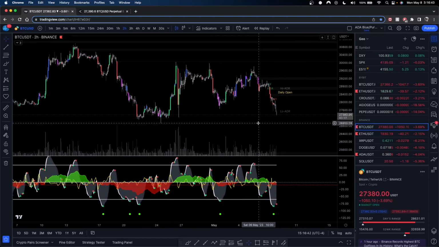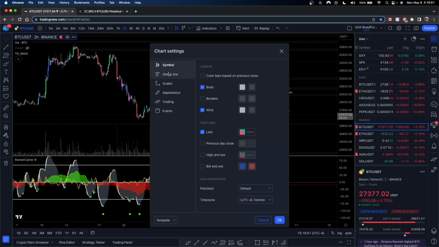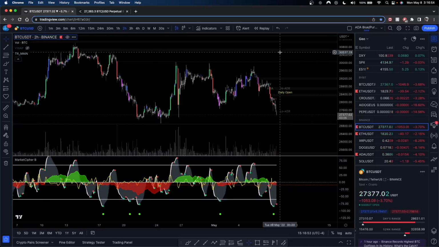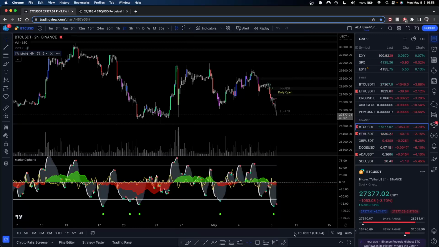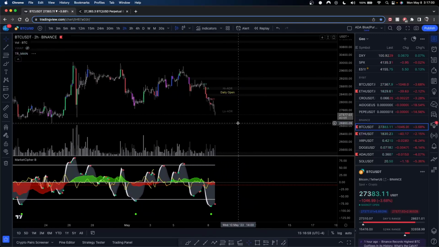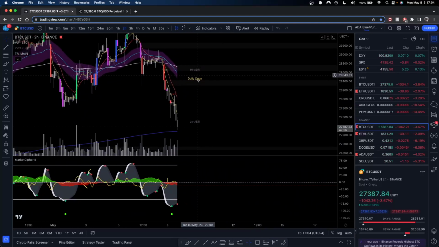So let's talk about your cheat sheet entries in reference to your EMAs and your vector candles. Let's get my EMAs back. Okay, so as we know from our previous lessons, vector candles are points in the chart where there's liquidity, right?